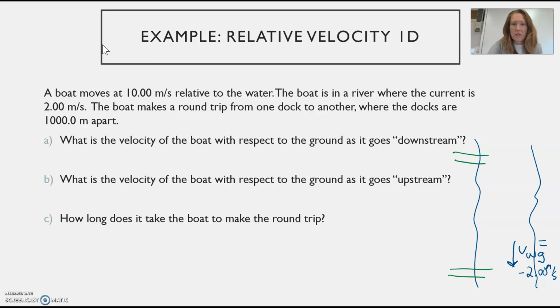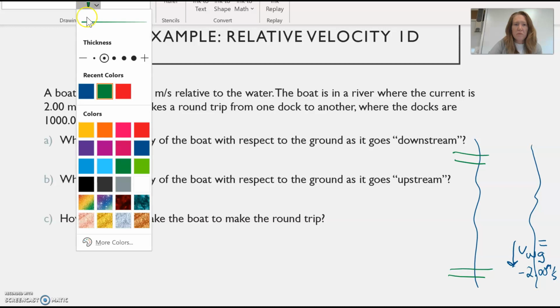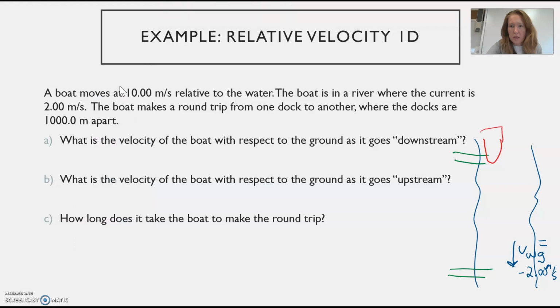And it's going to go downstream. So the boat's going to go from, oh lordy, this is a bad looking boat, from here down, and then it's going to turn around and go upstream the other way, right?